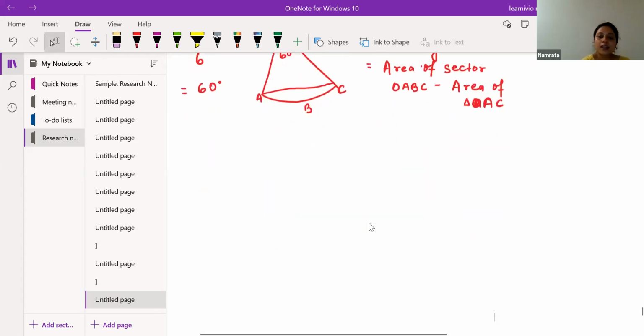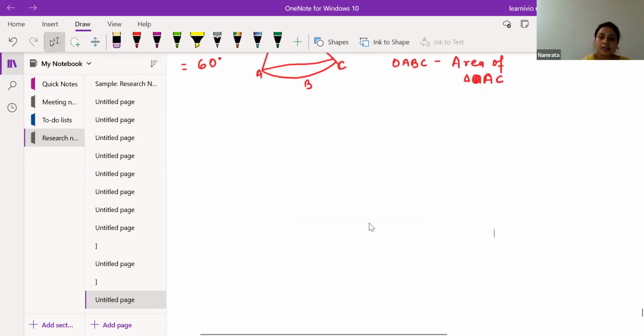Yes. We will find the area of the sector by using the sector's area formula, which is very simple. Sector area will be, let me write it.